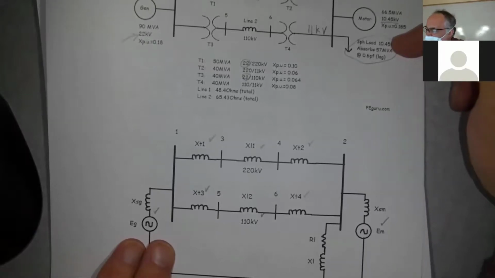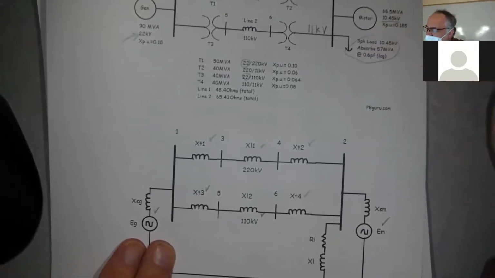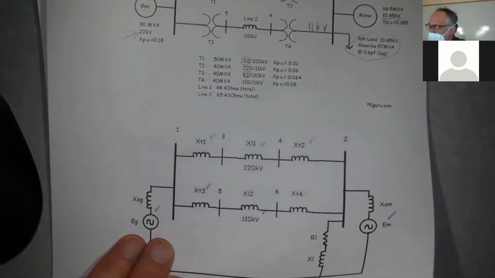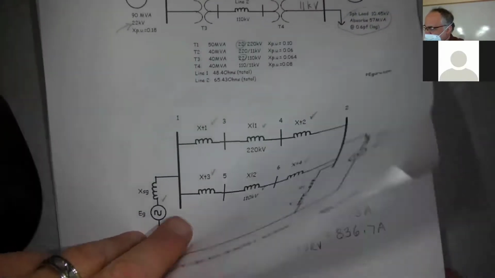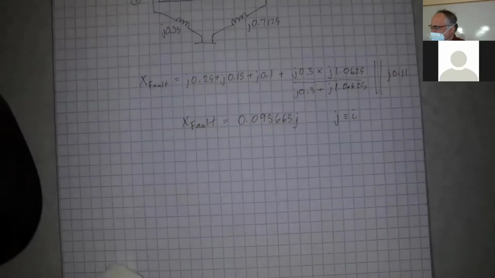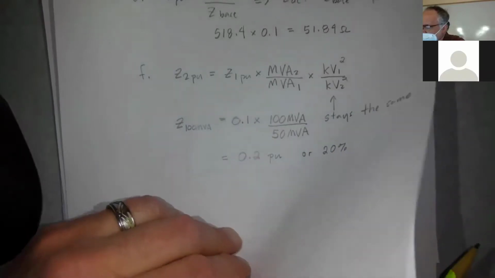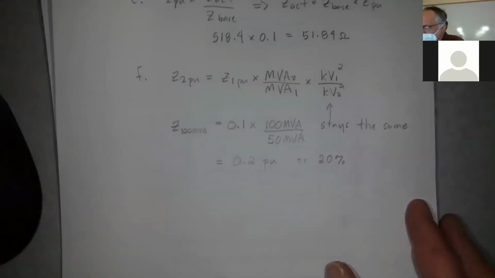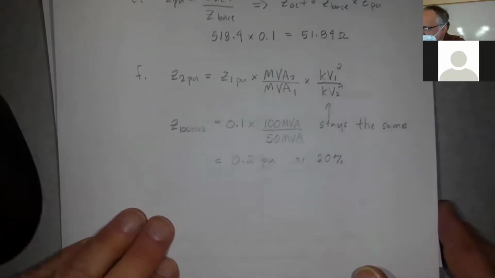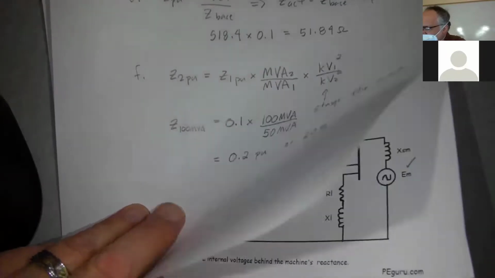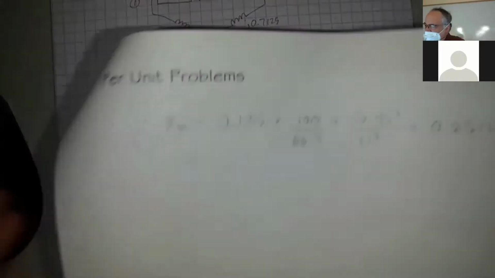So that's a resistor and an inductor in series, right? So, let's see, where's my sheet? Oh, here we go.